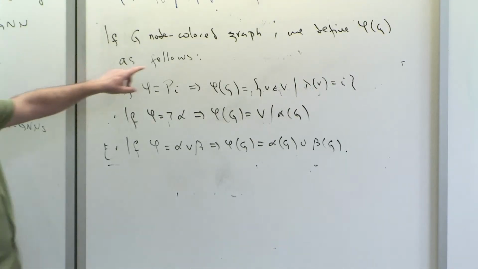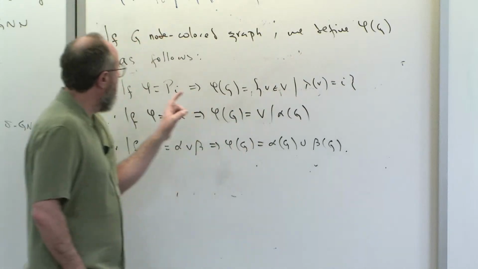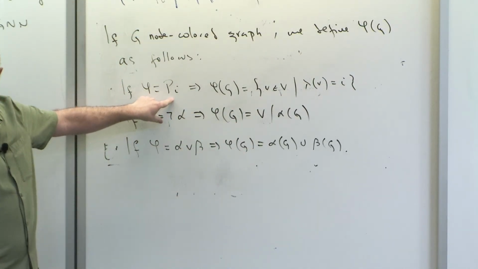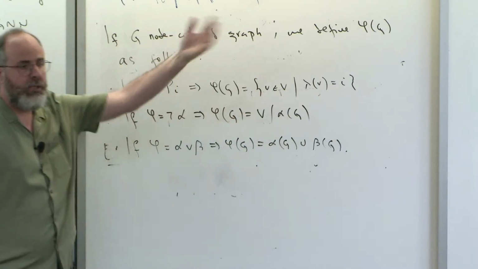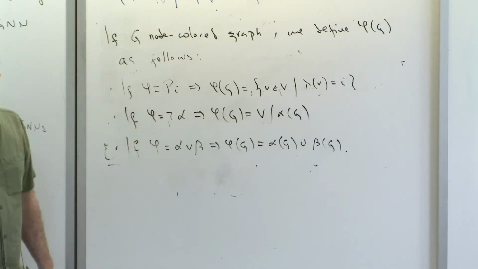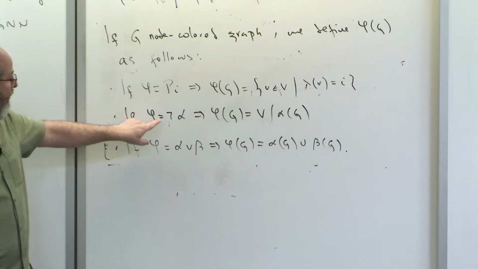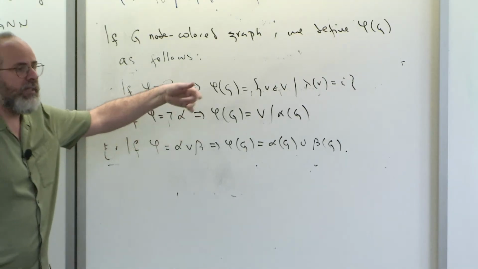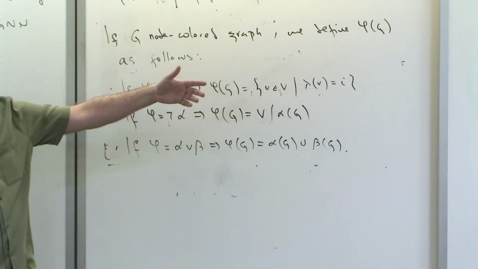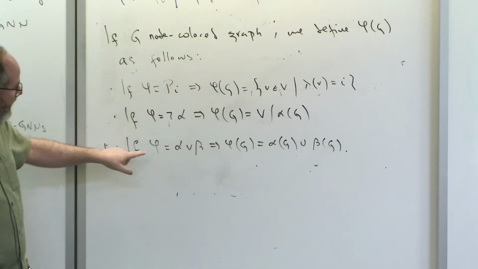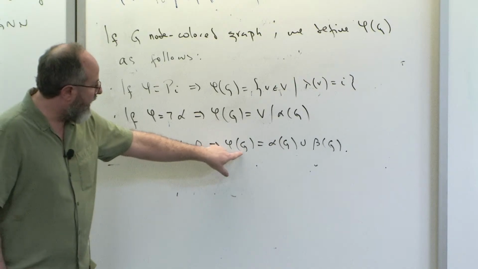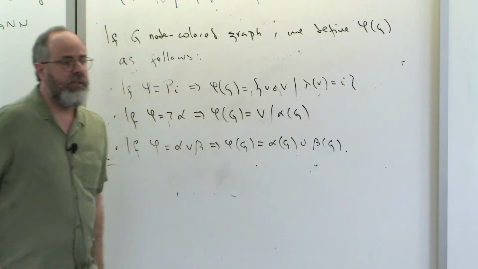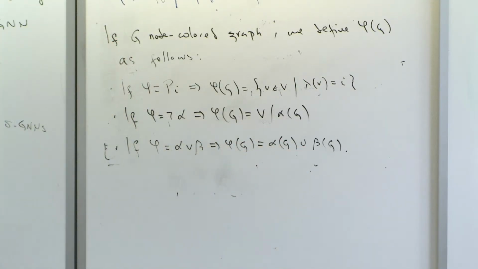So this unary relation is phi of G. If phi is the negation of alpha, well, then the interpretation is just the complement, right? It's a unary relation. If phi is the disjunction of alpha and beta, the interpretation of phi is the union of the interpretations of alpha and beta.